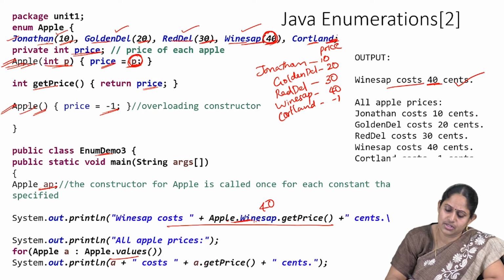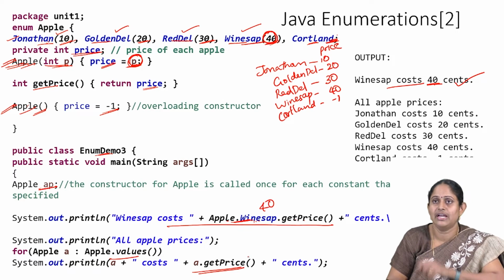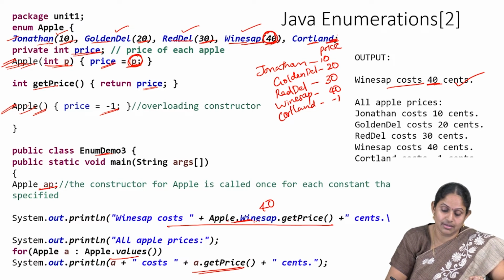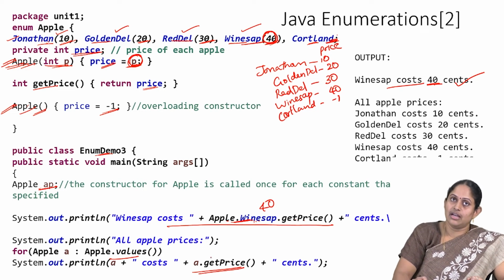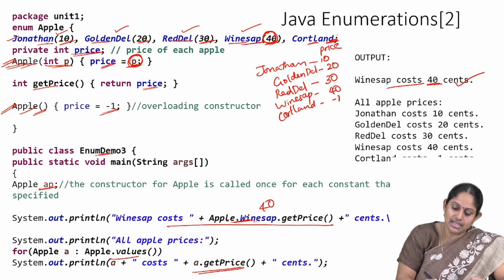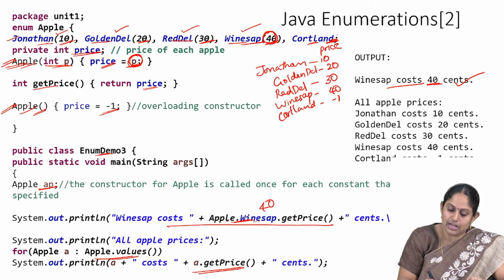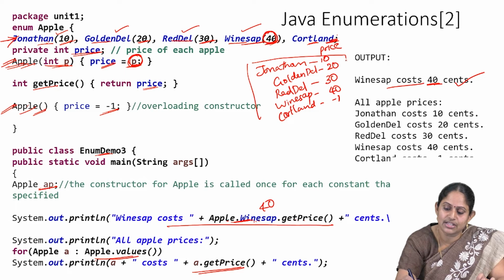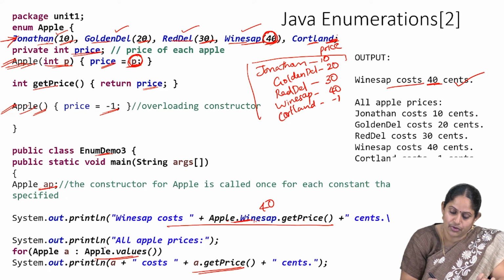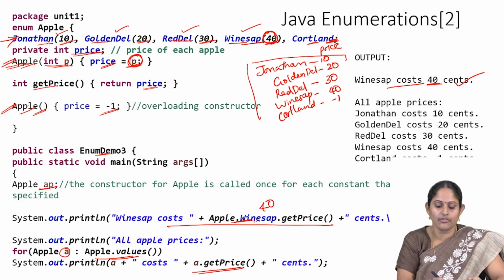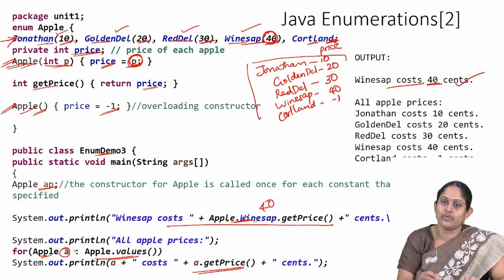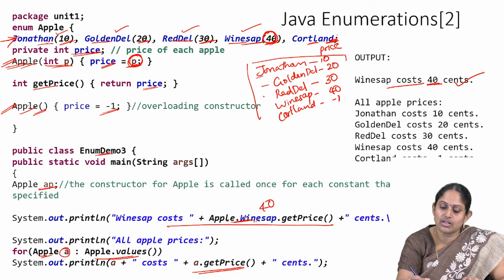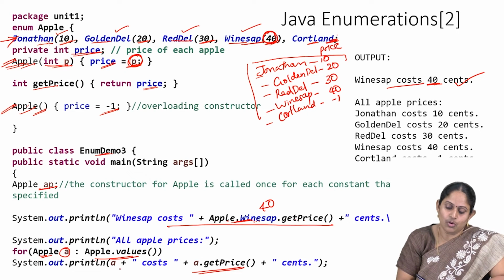The values method is used to retrieve all the enumeration constants. So apple.values will return an array of these contents. This will be returned as an array to this for loop, on which we are using an iterator variable of apple type to iterate over all these constants.